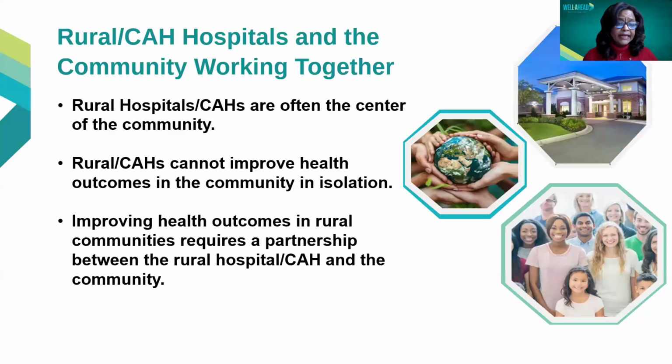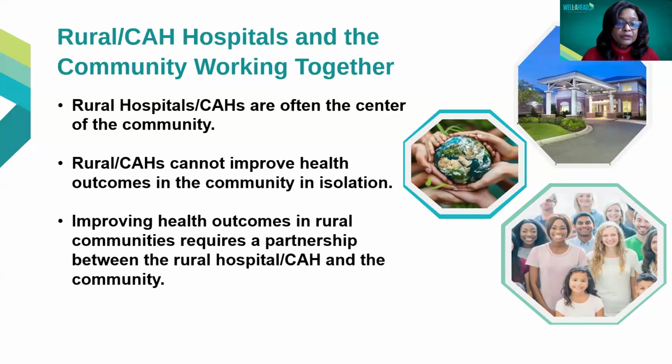So the whole idea is that rural hospitals, critical access hospitals, and the community work together to improve health outcomes. Our rural hospitals and critical access hospitals cannot do this work alone. They are often the center of the community and usually the largest employer within the community, if not one of the largest.